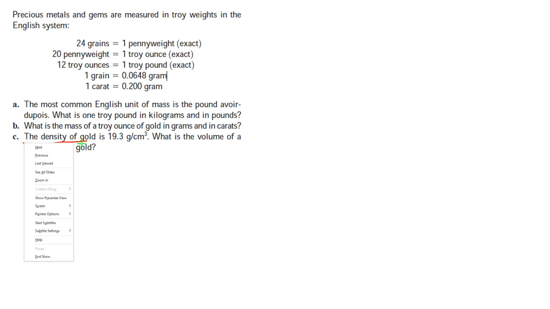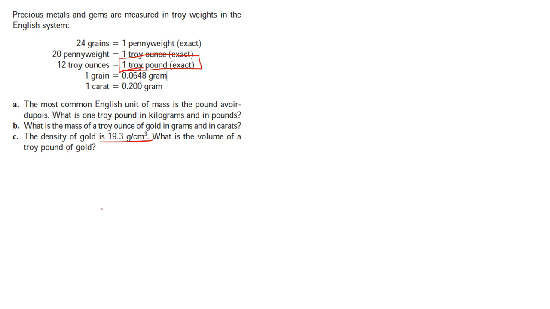The density of gold is 19.3 grams per centimeter cubed. What is the volume of a troy pound of gold? Okay. So to do this, given density, you need to find volume.